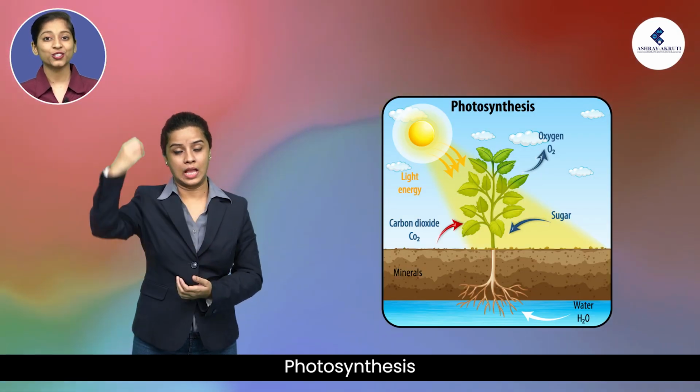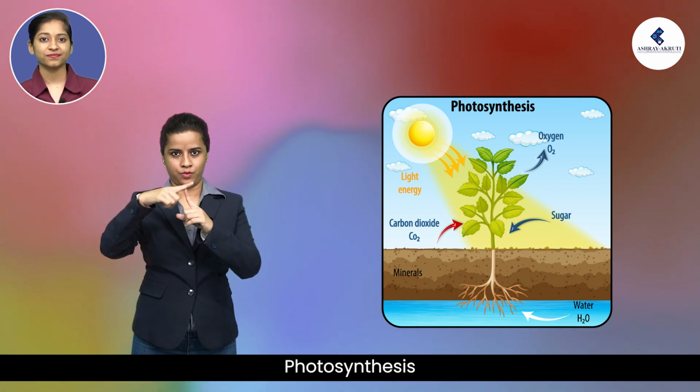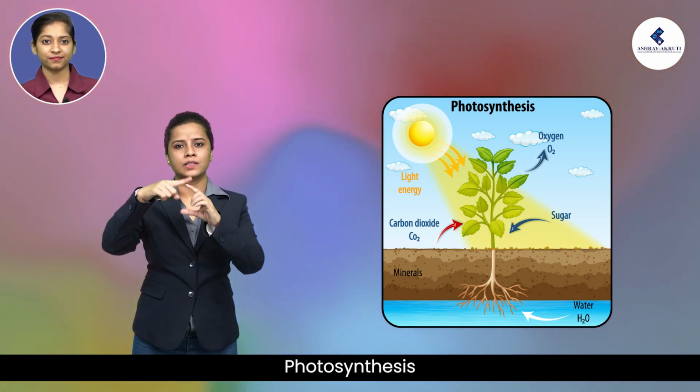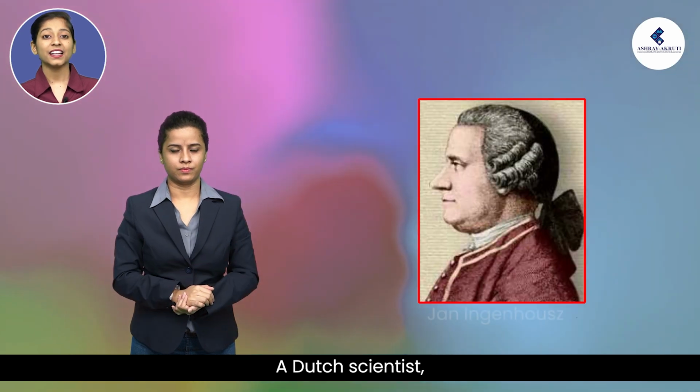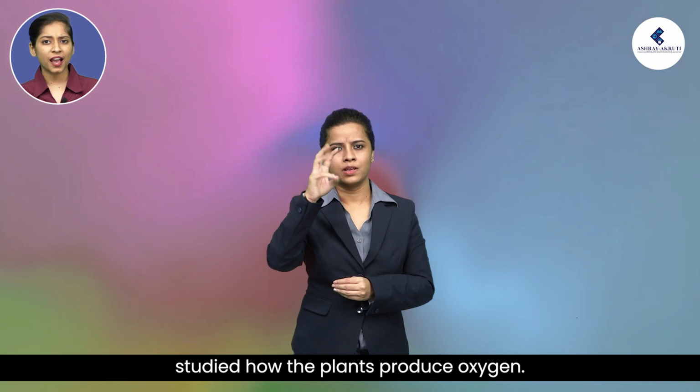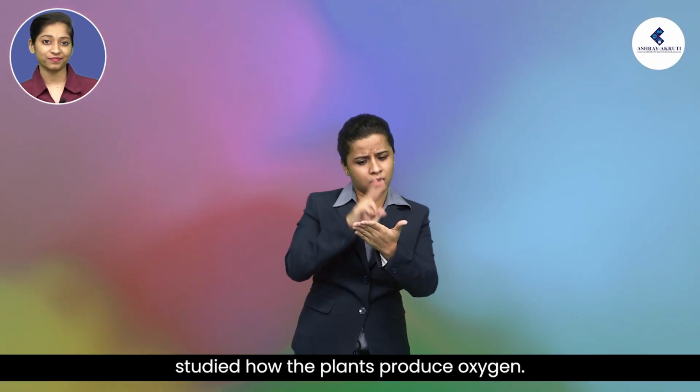Light and photosynthesis. A Dutch scientist, Jan Ingenhousz, in 1730 to 1799, studied how the plants produce oxygen.